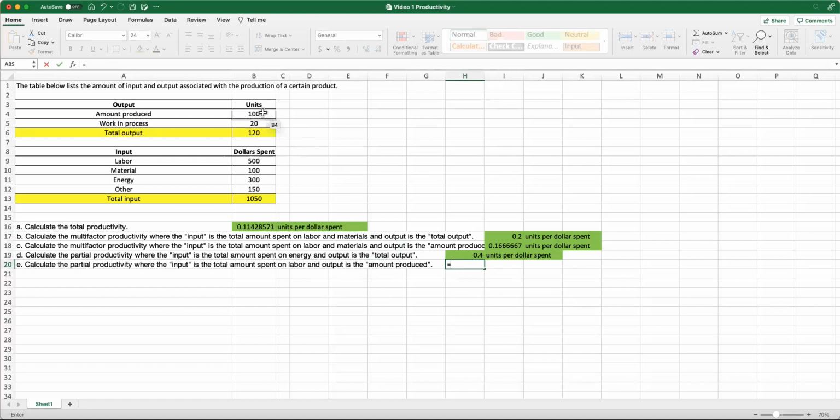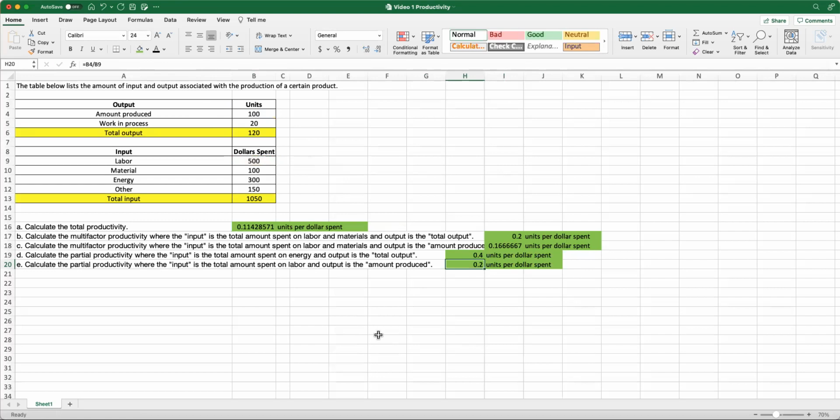So I am going to select the amount produced, and we will divide it by the amount spent on labor, and that will be 100 divided by 500. And we will say that for each dollar spent on labor, we are producing 0.2 units of this product. Okay.